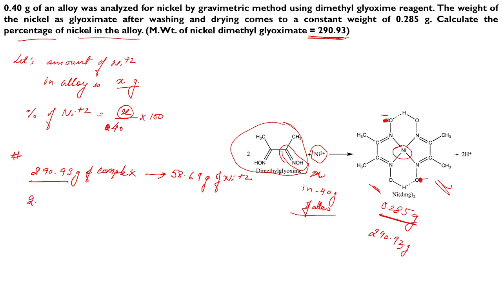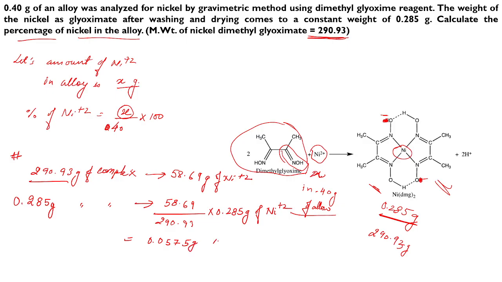So 0.285 gram of complex will give 58.69 divided by 290.93 multiplied by 0.285 gram of nickel. So if you solve it, you will find this value as 0.0575 gram of nickel. Okay, so this is the value of what? This is the value of X.